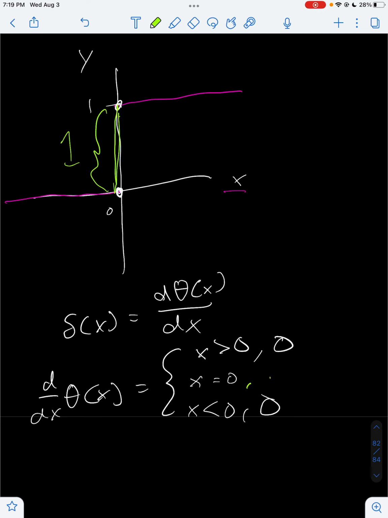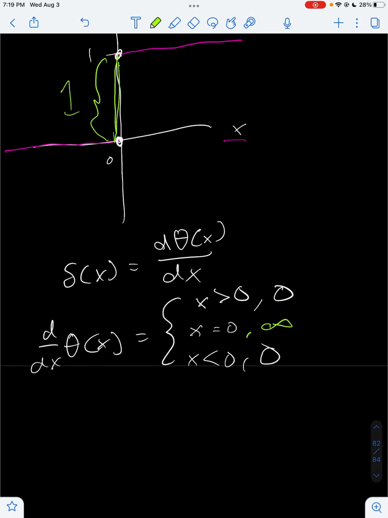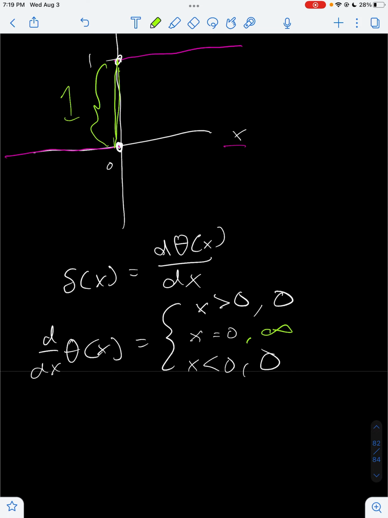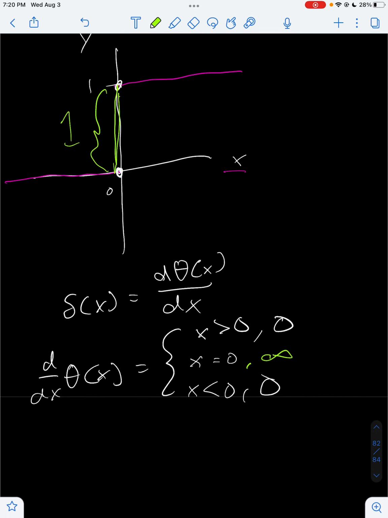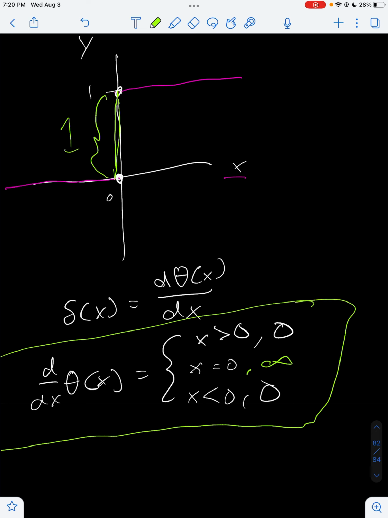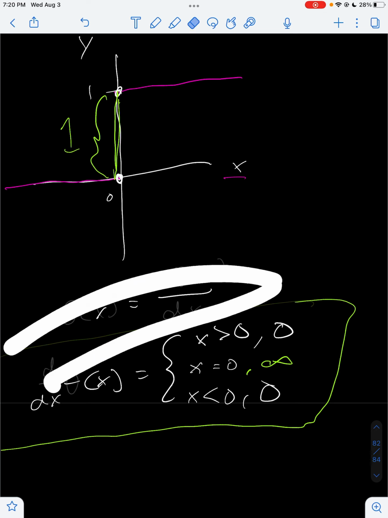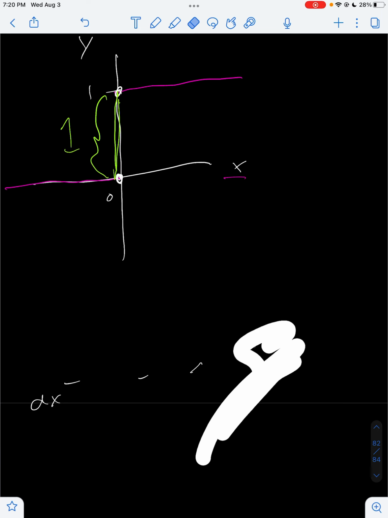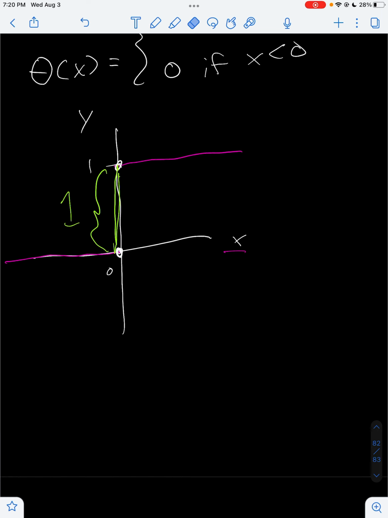So we get infinite. And what's a delta function? Well, the delta function is just a function that's infinite at 0 and 0 everywhere else. So the delta function satisfies the properties of the derivative of the Heaviside function. So we say that the derivative of the Heaviside function is the delta function. That's just a brief aside, which I think is pretty cool. We're not going to use that for this video, but it just builds some intuition with the delta function and the Heaviside function.